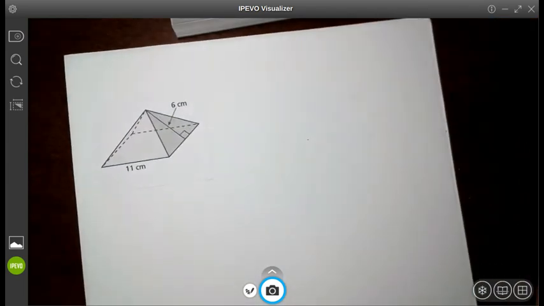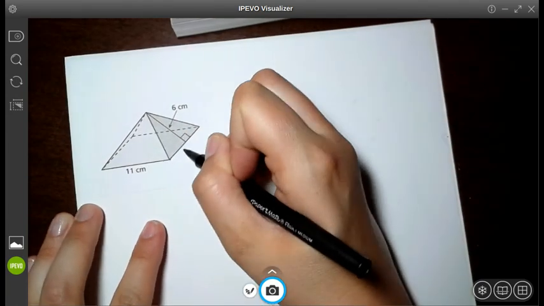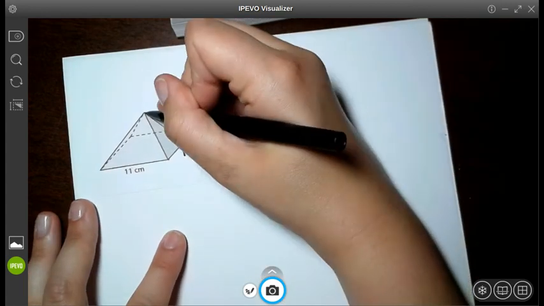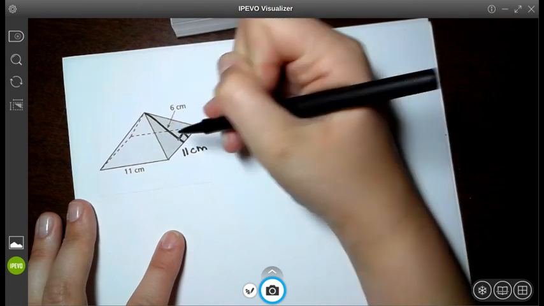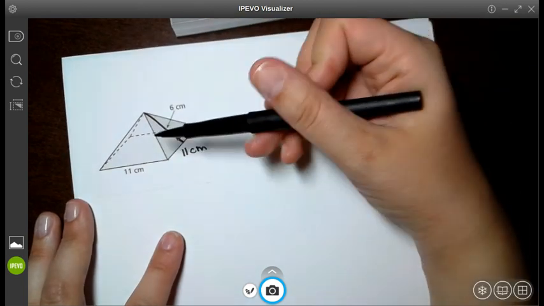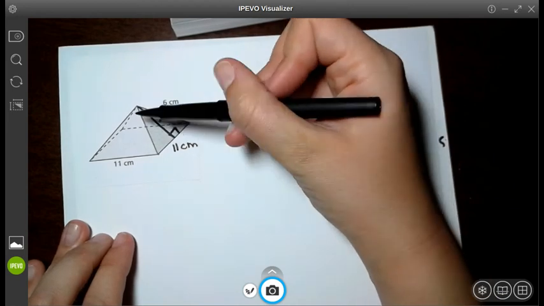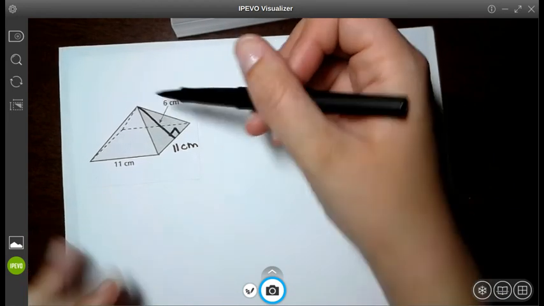So if I know that this side is 11, that means that this side is also 11 centimeters. This line here, if you remember, is the height of the triangle. The height has to be perpendicular to the base. That's why that line is there. It's not a side of the shape. It's just indicating how tall the triangle is, the height, and they're telling me that that's 6 centimeters.